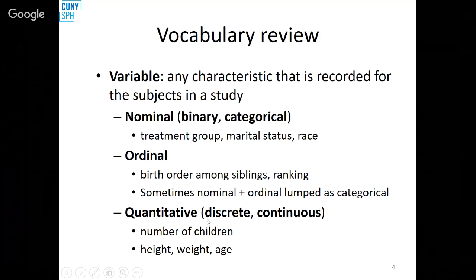And this distinction between different quantitative variables can be a little bit hard to make sometimes, but discrete data are ones where not all values are possible between the boundaries.